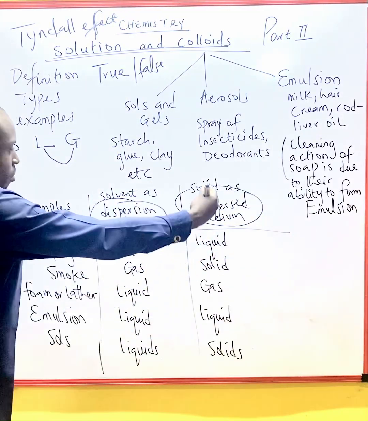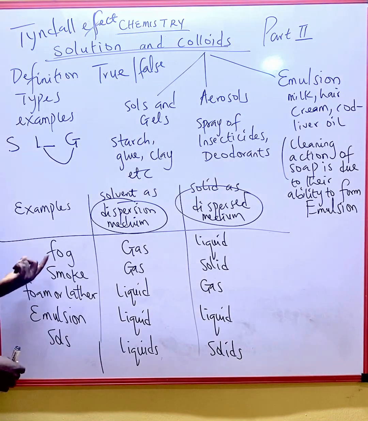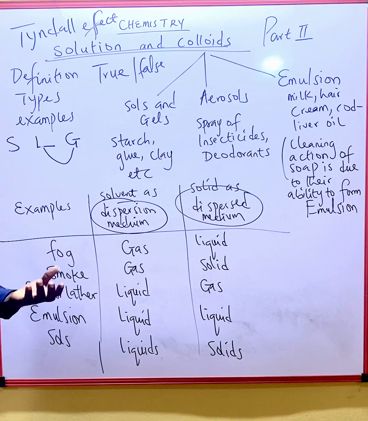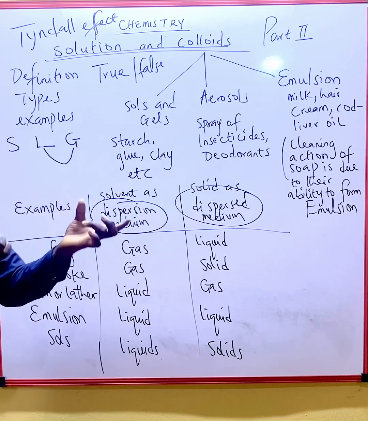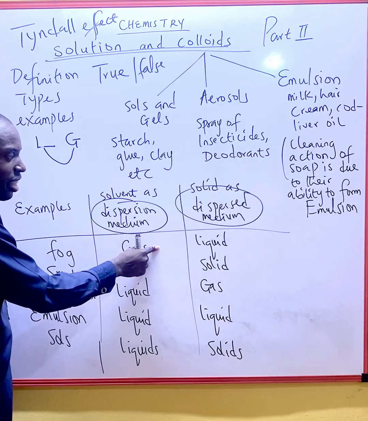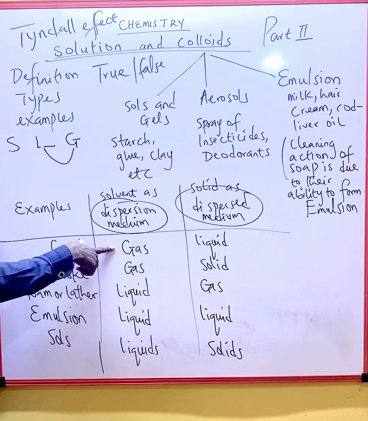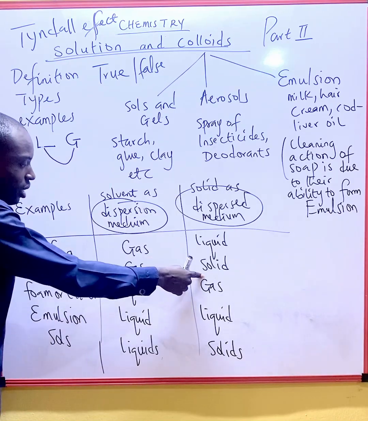Now, on the board here are examples of colloid. We have fog. Of course, you know fog, a kind of thick cloud. Fog is a liquid dispersed in gas. Smoke is a solid dispersed in gas.